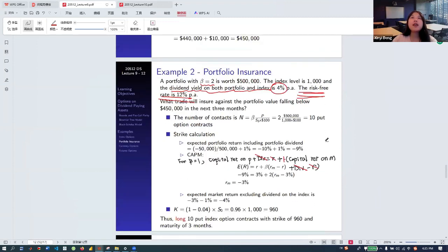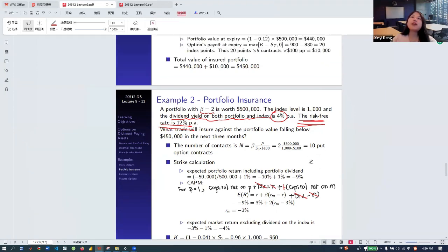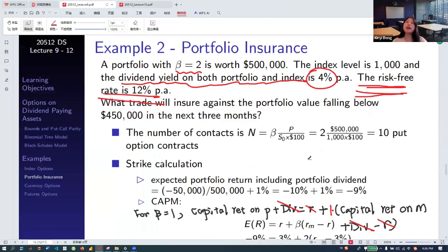Now let's do the calculation for the optimal number of contracts, and also the strike price for this beta equal to 2 scenario. As usual, the number of contracts is equal to beta times P divided by F. Now beta equals 2, therefore N increases from 5 to 10. Remember that for the previous example, beta is equal to 1.